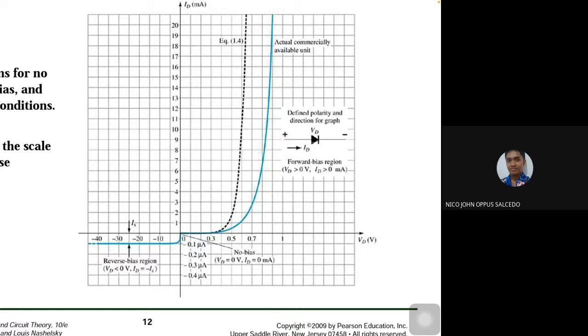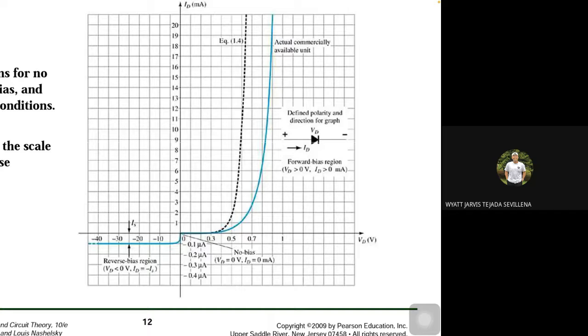Base sa graph, at what voltage does the diode start to conduct? Ma-observe naman nato, no? Sige, I would like to guess. 0.4, sir.